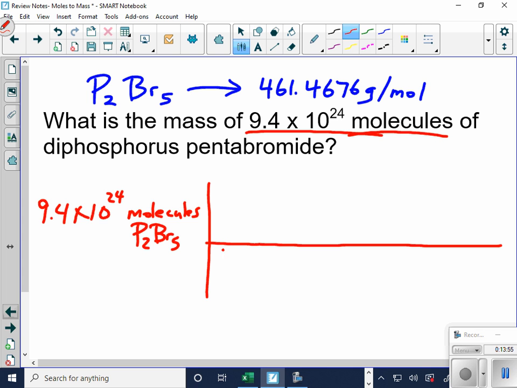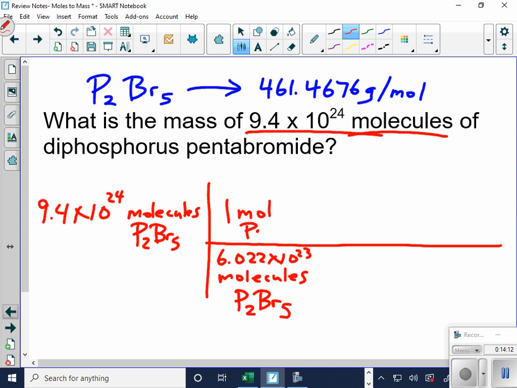So I know that 6.022 times 10 to the 23rd molecules of P2Br5 is equal to 1 mole of P2Br5. So as I look at that, I get my molecules to cancel. Ladies and gentlemen, what have I just converted this into? To moles. I've converted this into moles.